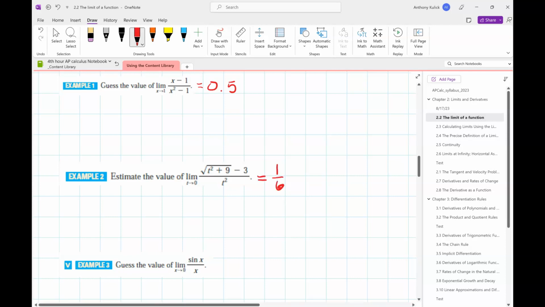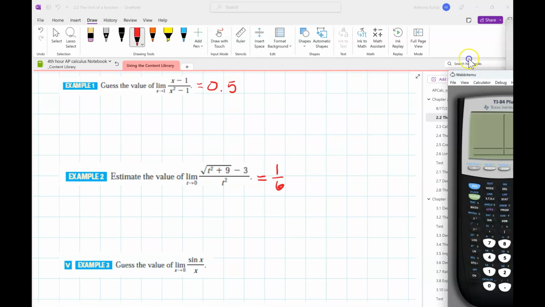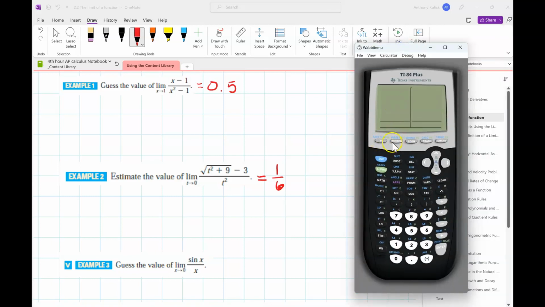Did anybody get something weird to happen when they were graphing? It was like a straight line. Mr. Floyd, you can show us an example how to do the graphing again, like when you were looking at the discontinuity. Sure. So I just typed this in, right? We'll start with just the zoom standard. So I do my zoom standard.